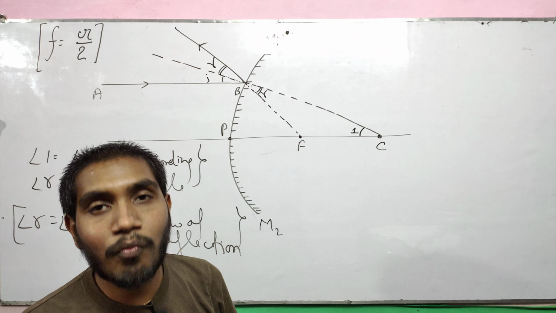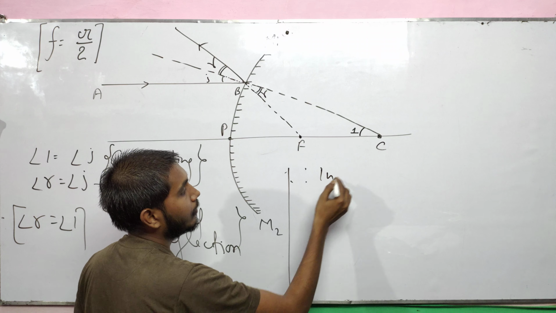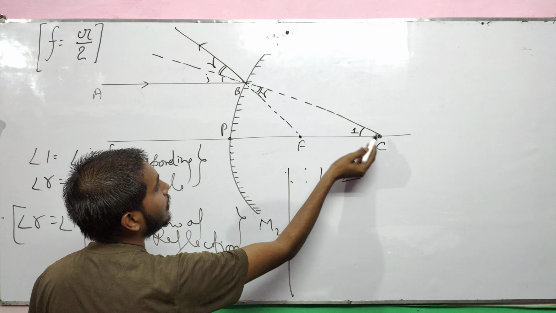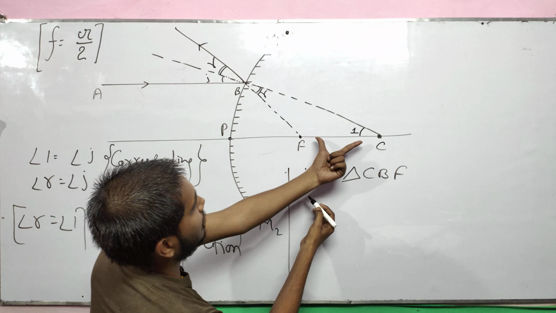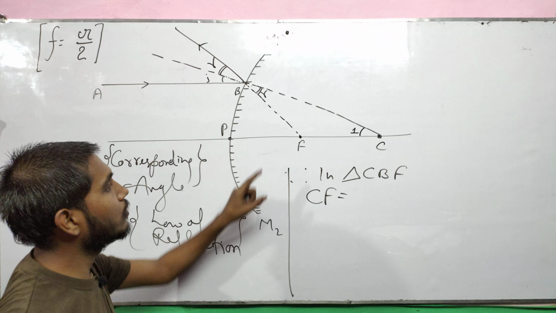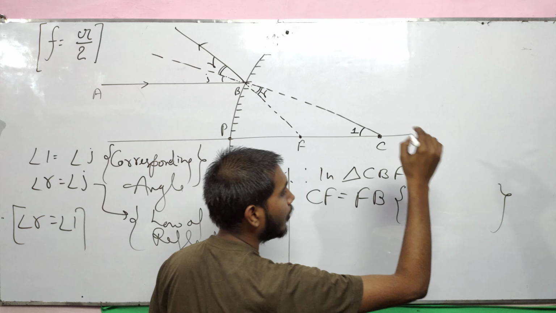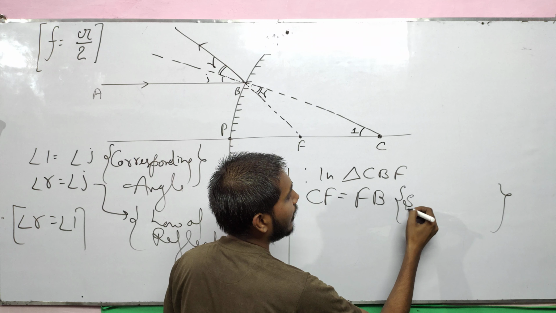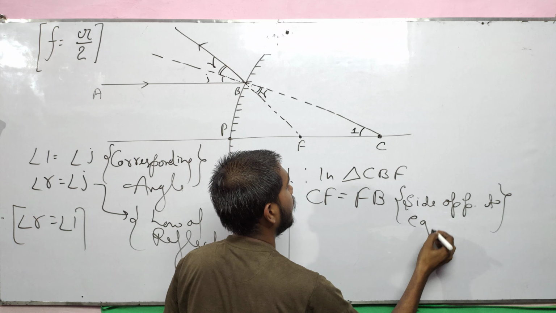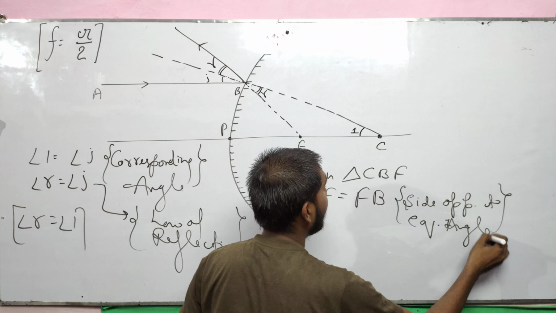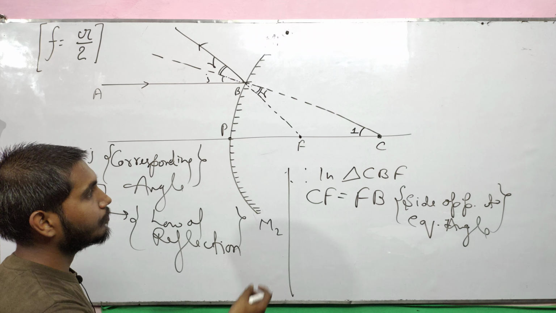Then in triangle CBF, CF equals FB. Sides opposite to equal angles are equal.